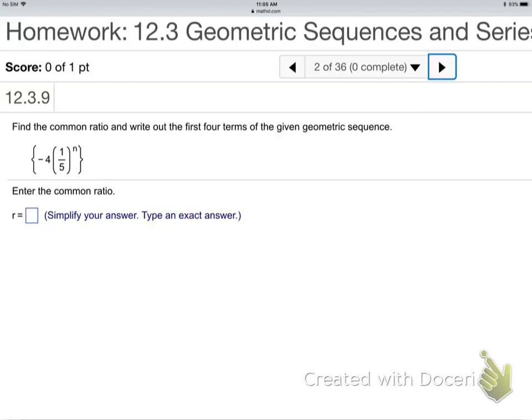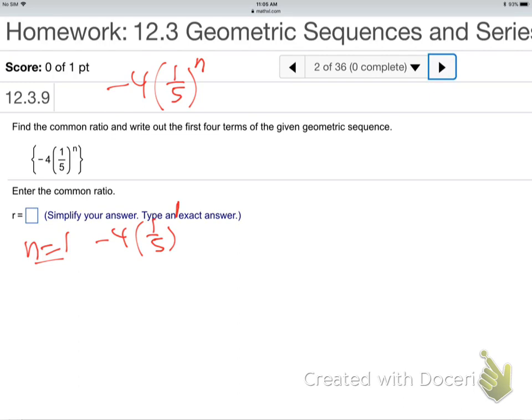So number 2 here. The formula is -4 times 1/5 to the n. So let's go ahead and plug in 1. We get -4 times 1/5 to the 1 power there.